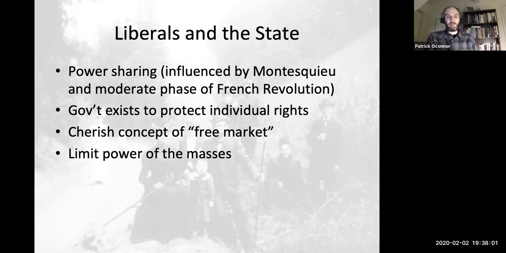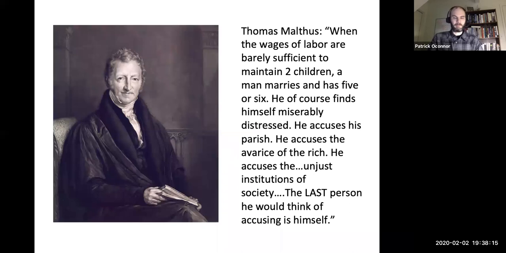Let's take, for example, the very prominent historian and cleric Thomas Malthus, one of the most important foundational thinkers of 19th century liberalism. Here's what Malthus wrote. When the wages of labor are barely sufficient to maintain 2 children, a man marries and has 5 or 6. He, of course, finds himself miserably distressed. He accuses his parish. He accuses the avarice of the rich.